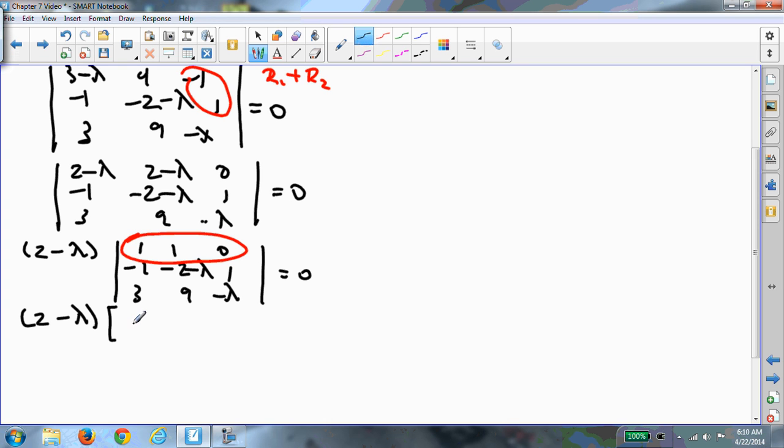So the determinant for this would be 1 times negative lambda, negative 2 minus lambda, minus 9, minus the next determinant, which is going to be lambda minus 3.